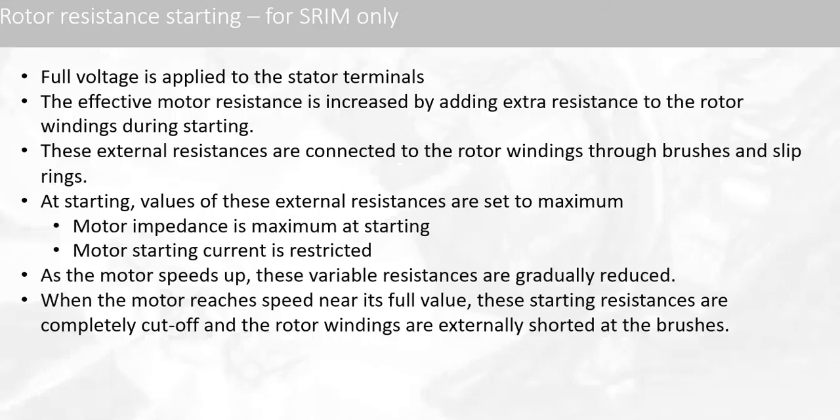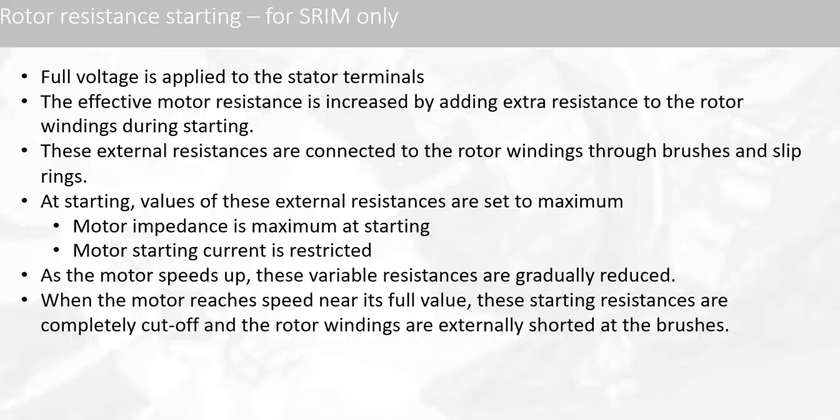Okay, the next one is rotor resistance starting. It is only applicable for slip ring induction motor, where slip rings and brush assembly are available in order to connect the rotor resistance externally. So here the full load voltage is applied to the stator terminals directly, and the effective motor resistance is increased by adding some external resistance to the rotor windings during the starting.